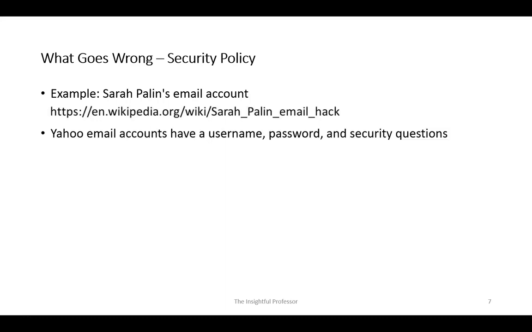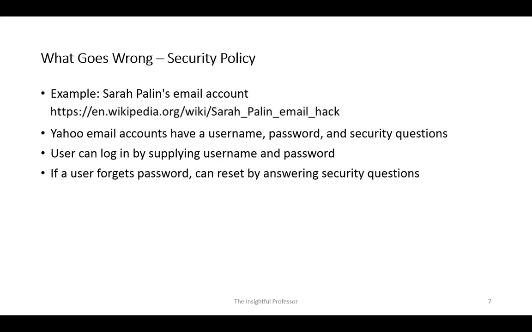Here's where the problem begins. Yahoo email accounts have a username, a password, and also security questions. A user can log in by supplying their username and password. If a user forgets their password, they can reset the password by answering security questions.